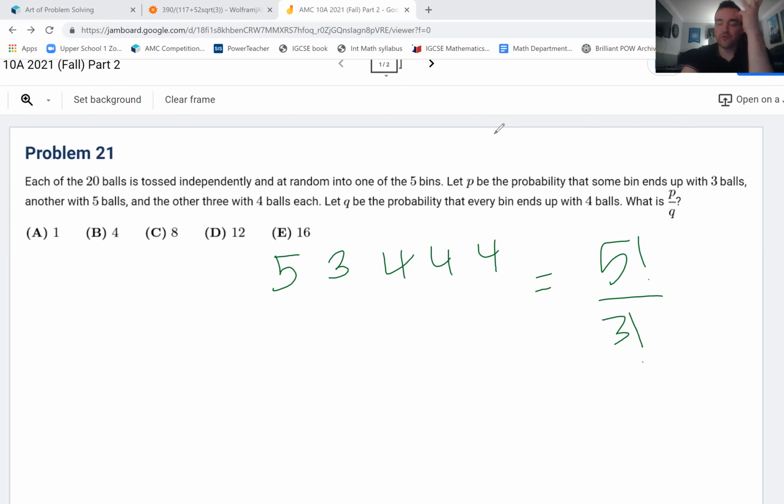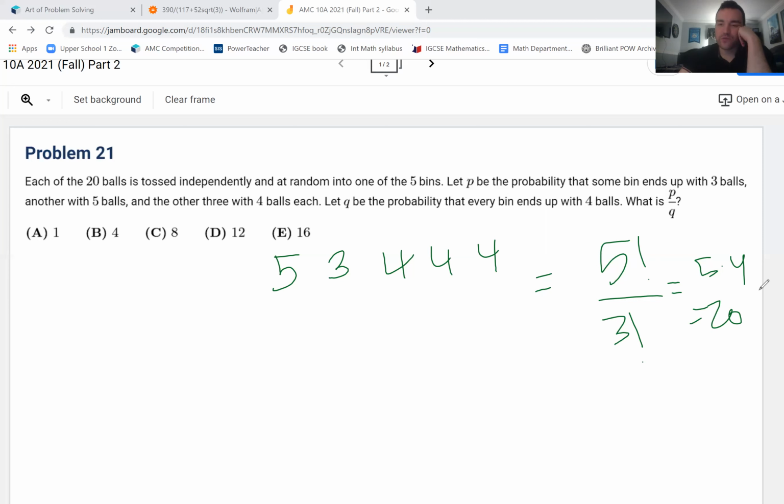You can just rearrange those 4s and they would always be the same thing. So we're just dividing out the repeats. 5 factorial divided by 3 factorial is 5 times 4, which is 20. So there are 20 ways for it to happen, as opposed to each containing 4 balls, which is really just one, which is that each contains 4 balls.